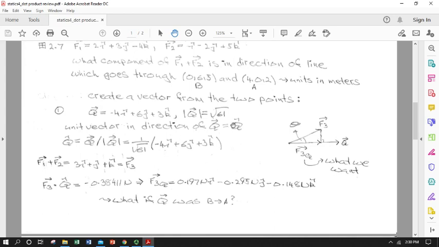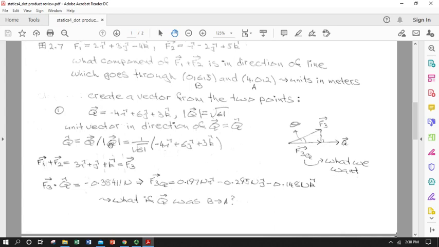So q hat, which is 1 over square root of 61 times the vector that I made by subtracting the points. This is effectively my line. So this is the direction that the line's pointing in.